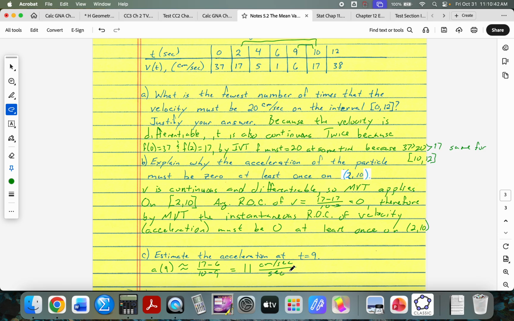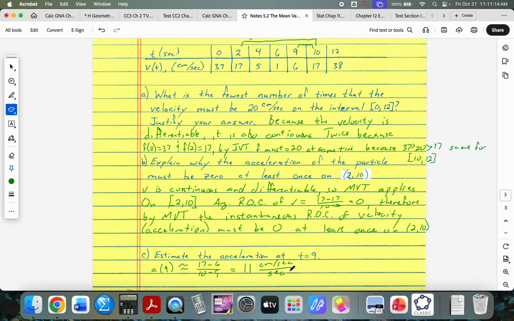What if you picked like 6 to 12 or something? Yeah, you could, in theory, pick the interval from 6 to 12 and go, well, 9's exactly in the middle of that, and that's good too. And this is part of why when they have asked this question, what they've started asking is something like, find the best approximation for the acceleration at time 7, where it's not actually in the table.